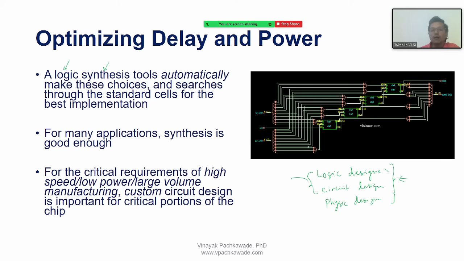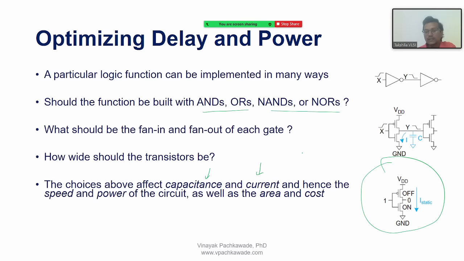These tools will automatically make all these choices. What are those choices? A particular logic function is implemented by the circuit designer or a logic designer, and then he or she decides to go by a compound approach or tri-state or any other logic, and he knows that there are two ways to show the logic: circuit way or logic gates way.